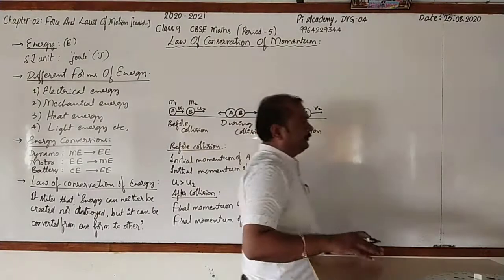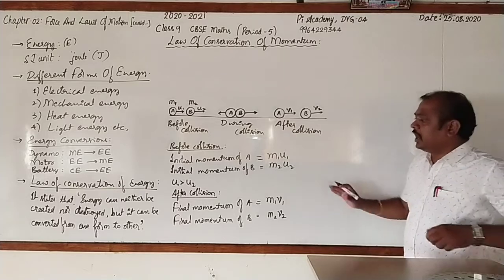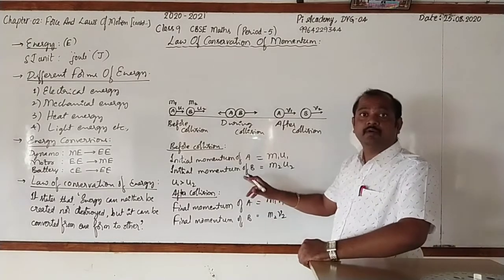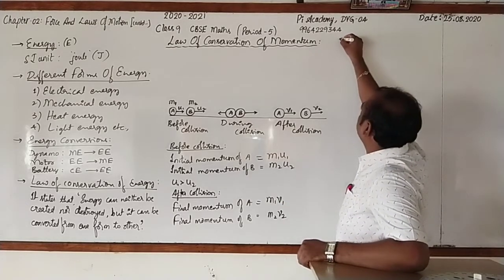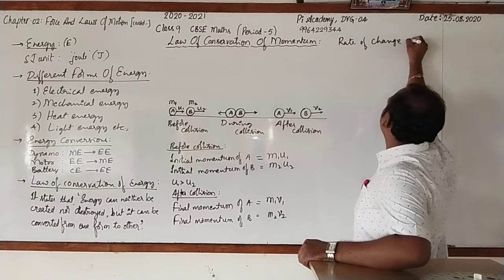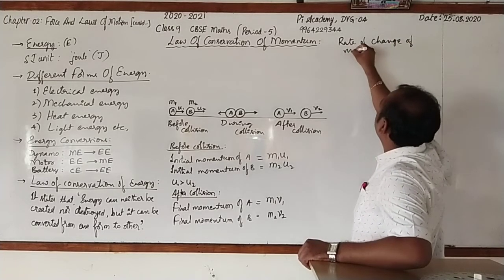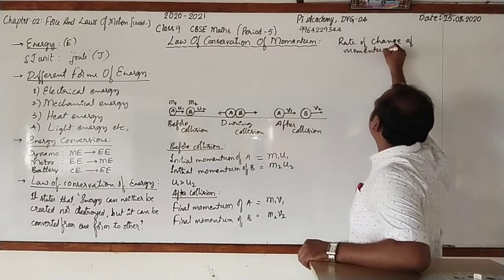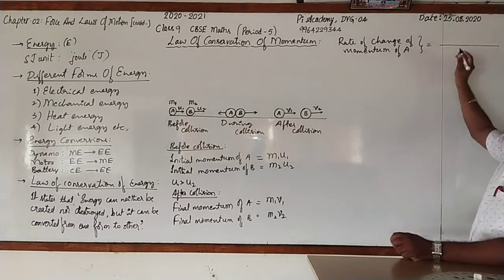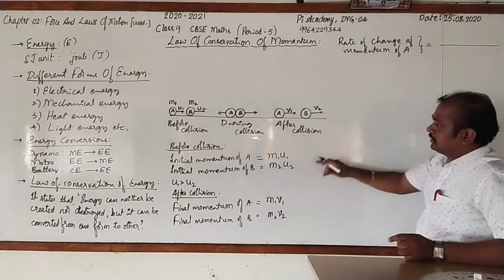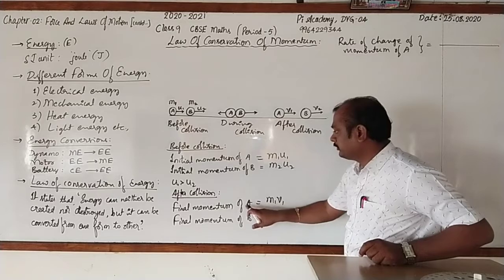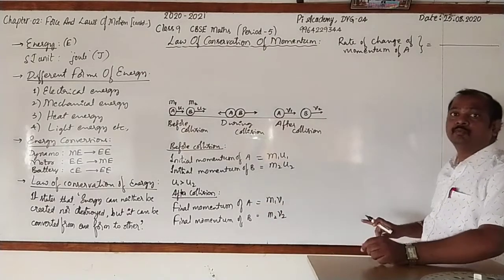Okay. Then I'll go for taking the rate of change of momentum of A. How do you write this? Rate of change of momentum. See that its initial momentum is m1 u1, final momentum is m1 v1.